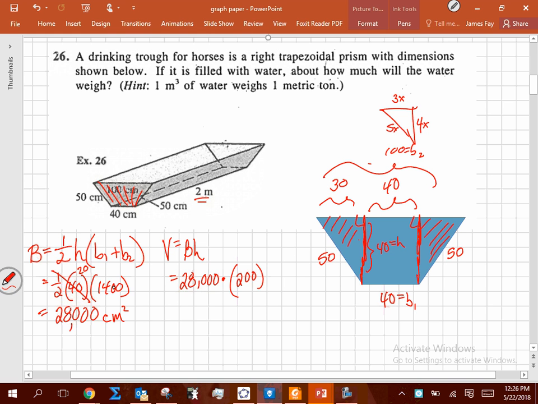Oh, I did something wrong here. I put too many zeros. B1 plus B2 is 100 plus 40. That's kind of why I stumbled through this. I think it should be three zeros. Is that all right with everybody? All right.